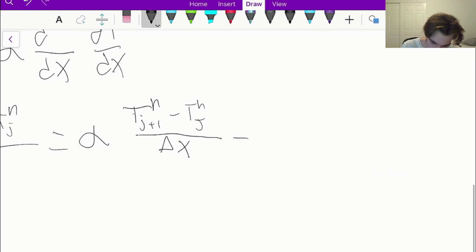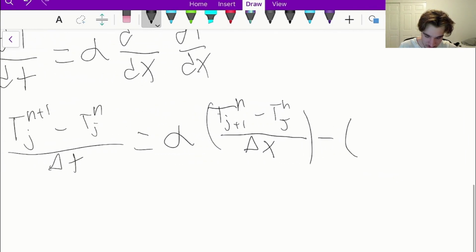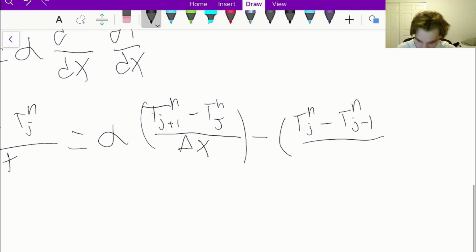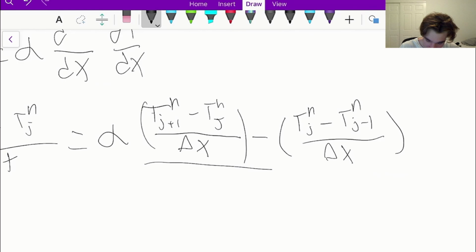And then this is going to be, we'll put this in parentheses, minus the temperature at time n of j minus the temperature at time n, of course, j minus 1, and this is also over the change in x. And it's the second derivative, so this is also going to be over the change in x.